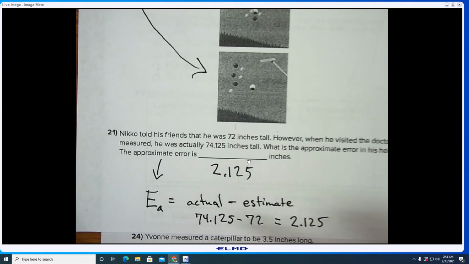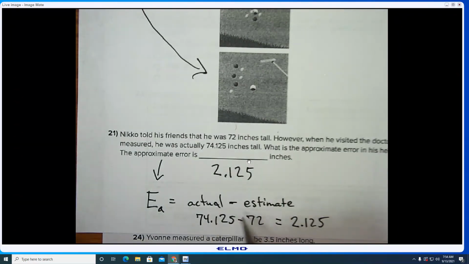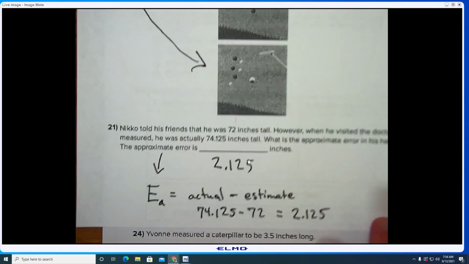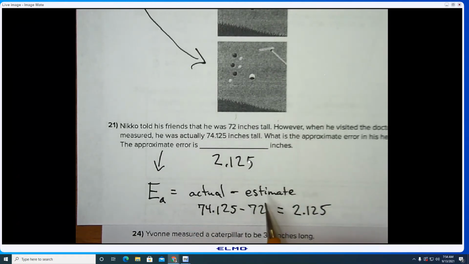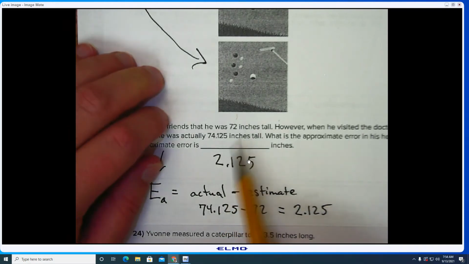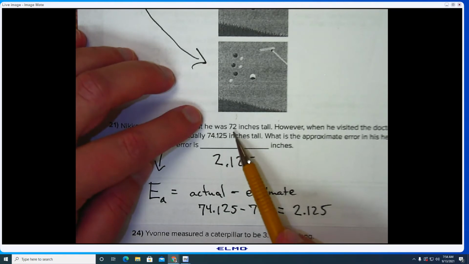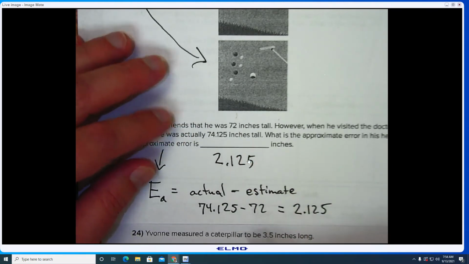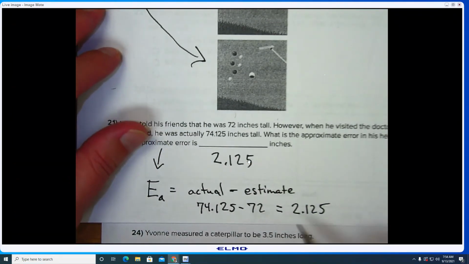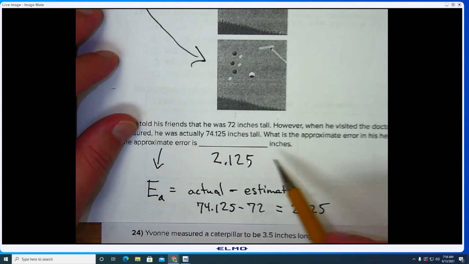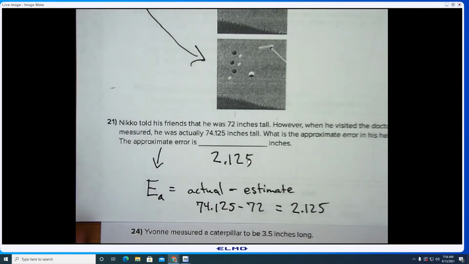Approximate error is going to be the actual minus the estimate. And sometimes it's an absolute value. According to my research, we can go positive or negative or use an absolute value. So the actual is 47.125. We subtract the estimate, which was 72, and we get an error of 2.125, and then the context is inches.